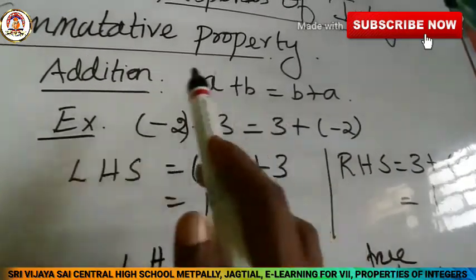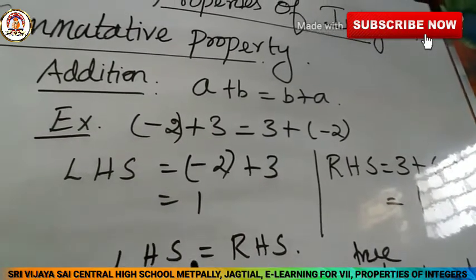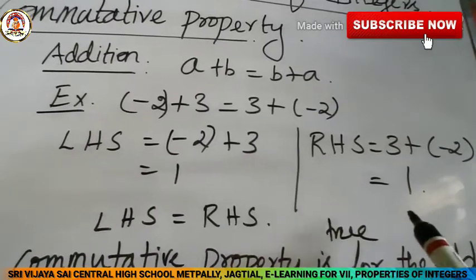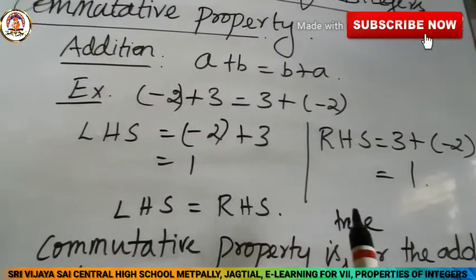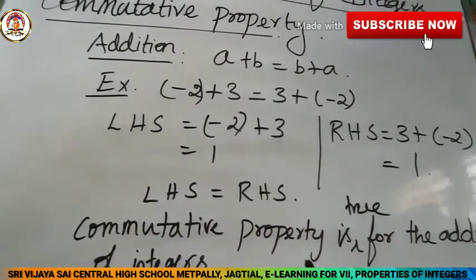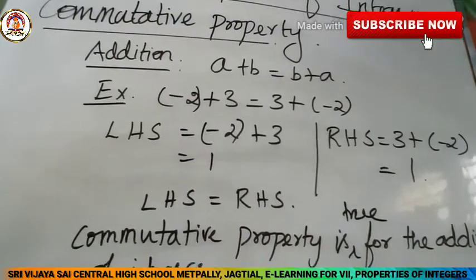When you solve the LHS, you get 1, and the RHS also gives 1. Both are equal, so the commutative property is true for addition of integers.